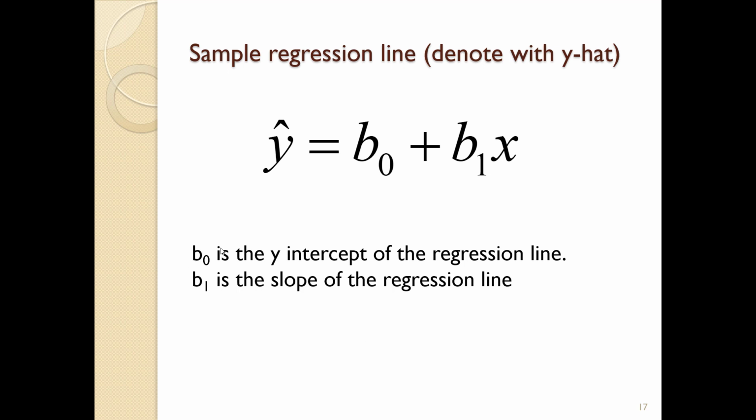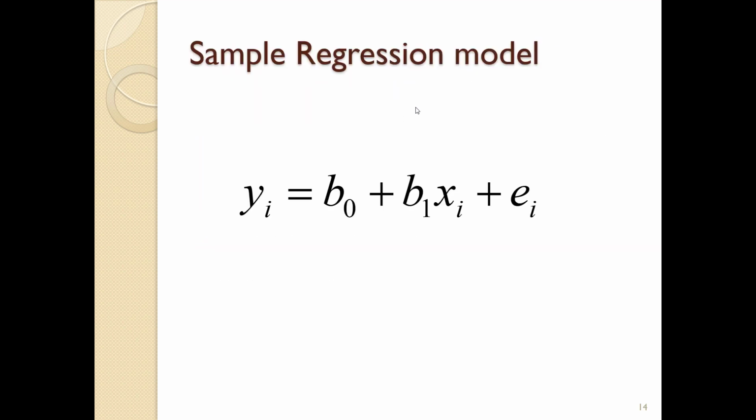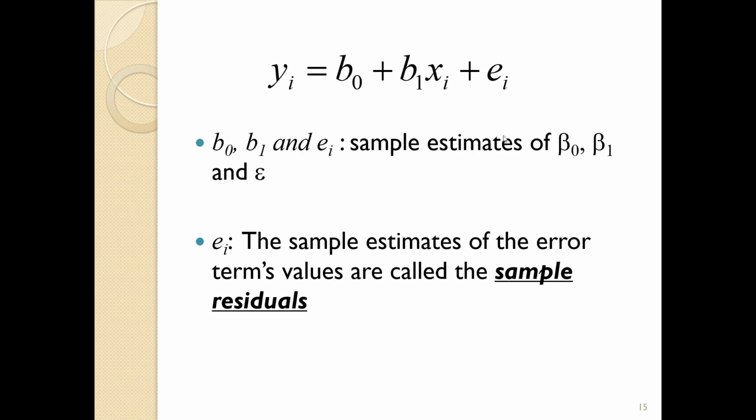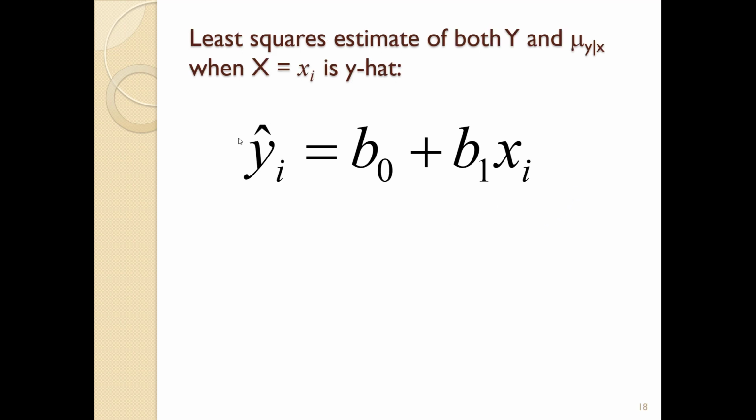But as was the case with the sample regression model, B0, B1 are actual numbers. Okay, so that wraps up that little discussion. Like the expected value operator was important before, the little hat is important now.